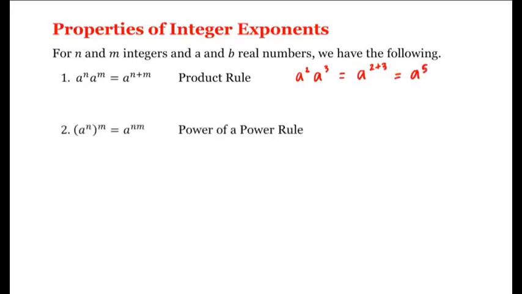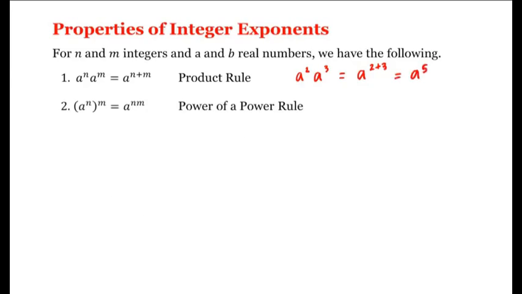5th. The second property states that a to the n raised to the mth power is equal to a to the n times m, and is often referred to as the power of a power rule. For example, a squared cubed is equal to a to the 2 times 3, or a to the 6th.